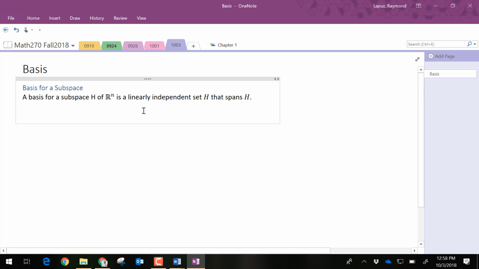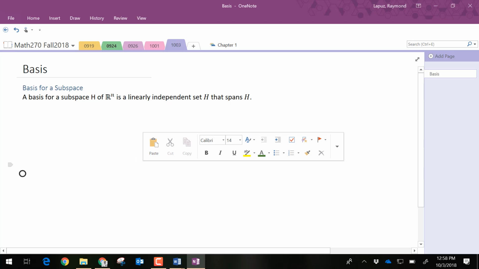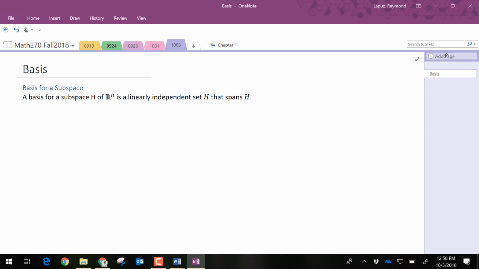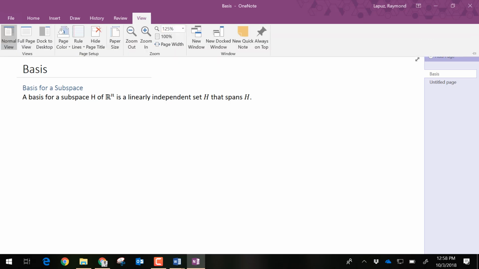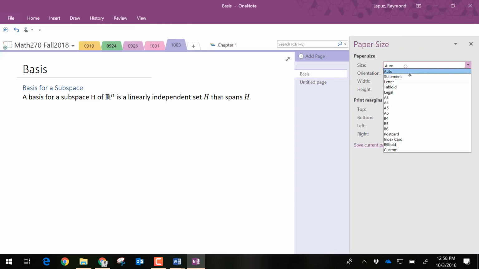So in Rn, in our basic example of Rn, uh-oh, we're going to have this issue again. Can't write. Oh, boy. I thought this had the default already.